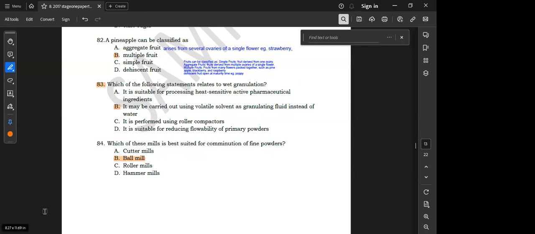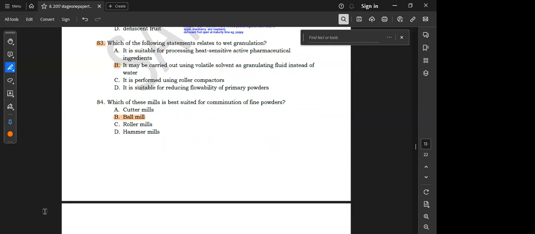I don't have any explanation for that, but I could have gone with it is suitable for reducing flowability of primary powders. Because we have the wet and the dry granulation, but mostly the wet is used to increase the flowability.